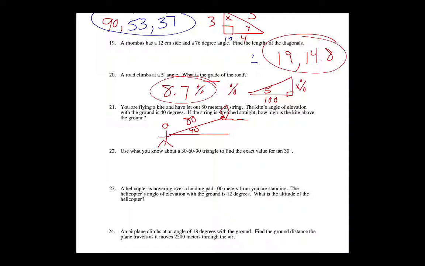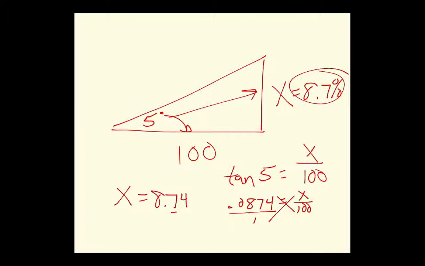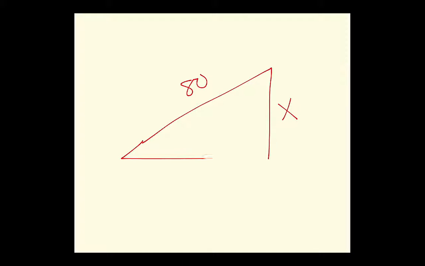If the string is stretched straight, how high is the kite above the ground, which is this length right here? So if I take that picture and I just focus on the triangle, it's going to look like this. You've got 80 meters of string that you've let out. How high is that kite if the angle of elevation was, sorry, I forgot, angle of elevation was 40 degrees.